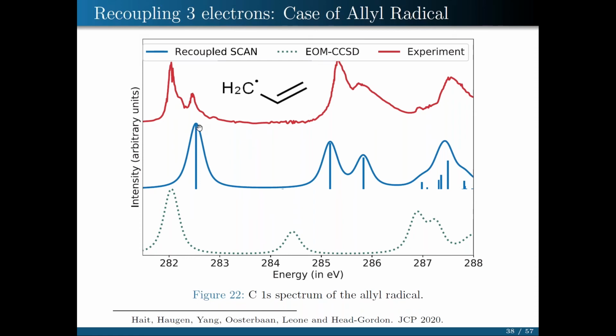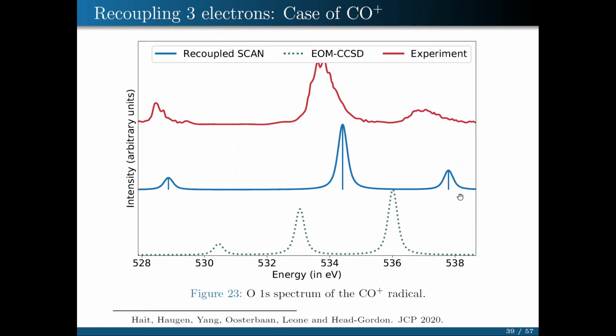The first peak is blue shifted by the recoupled SCAN a bit relative to the vibrationally resolved structure in the experimental spectrum, but the higher energy peaks align pretty well. And it's not that bad really in comparison to equation of motion coupled cluster singles and doubles. For a more extreme case, we could quickly look at a simple looking molecule, CO+, whose experimental spectrum was measured very recently.